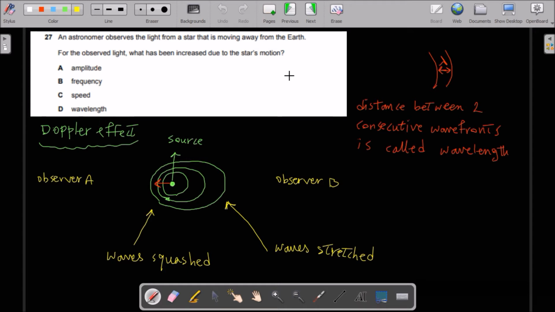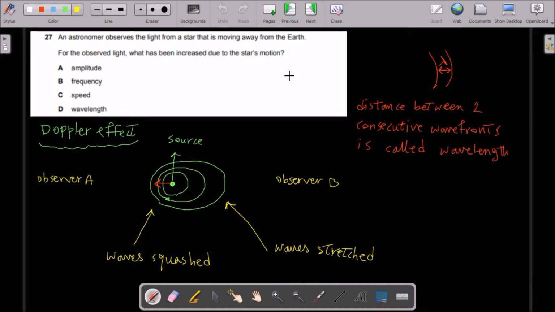Question 27. An astronomer observes a light from a star that is moving away from the Earth. For the observed light, what has been increased due to the star's motion? First of all, we know that the distance between two consecutive wavefronts is called wavelength.